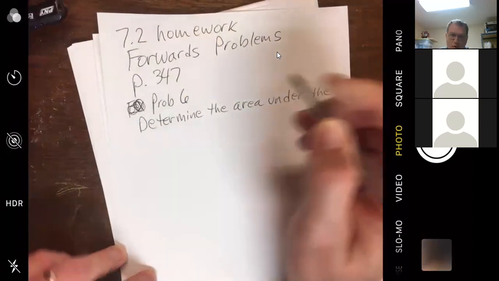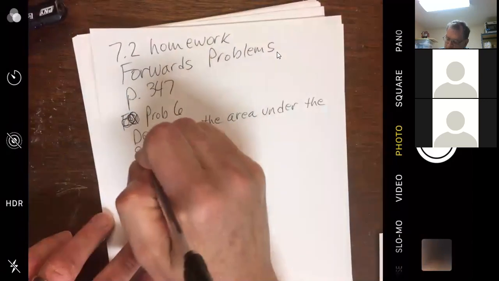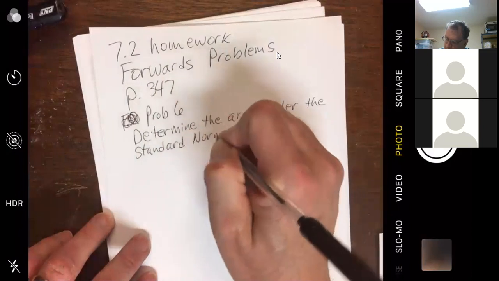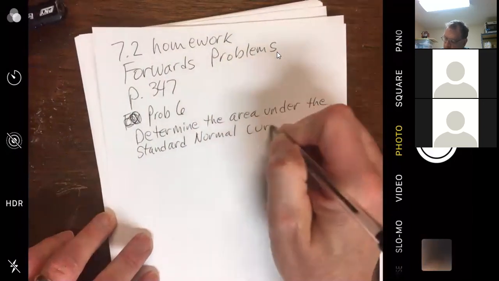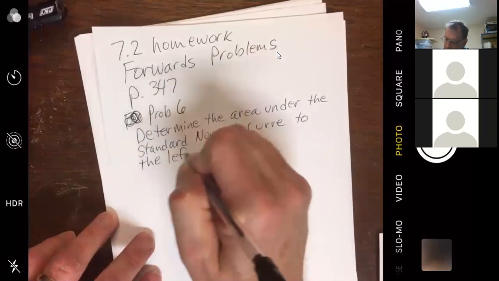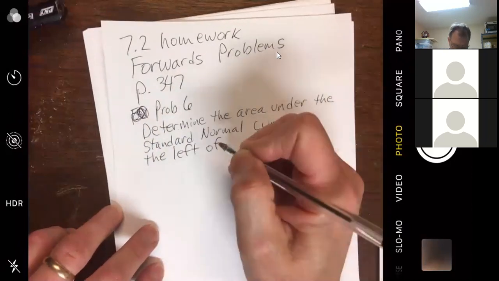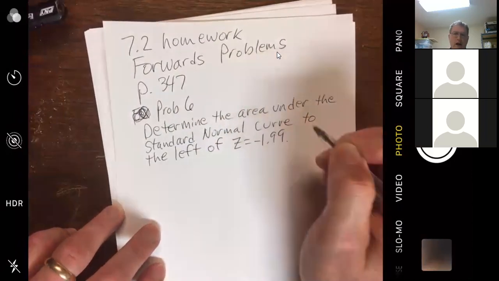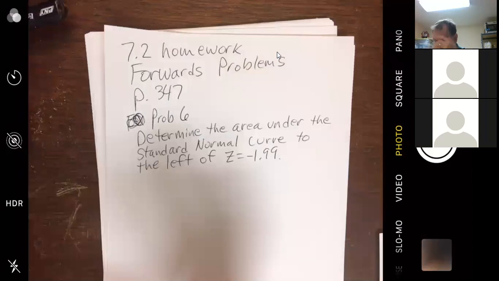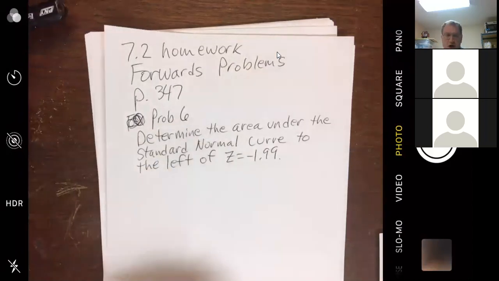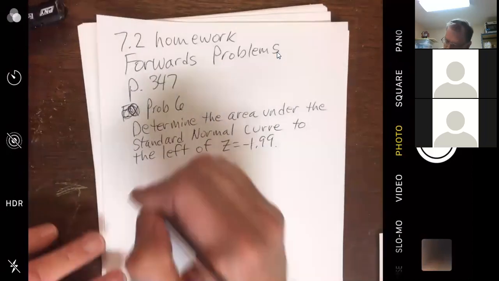They call it the standard normal curve, to the left of z equals negative 1.99. This probably reads like complete gibberish. So let's try to make sense of this.